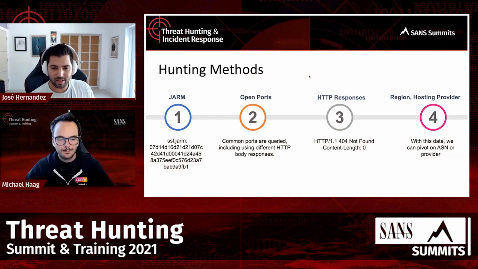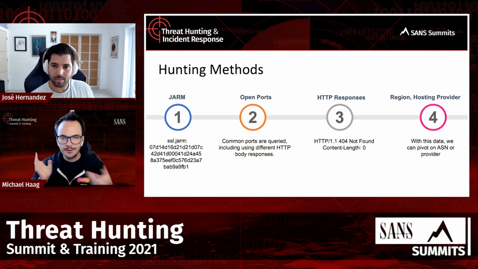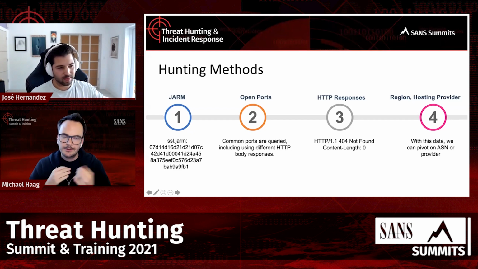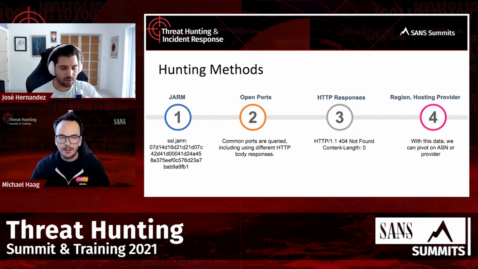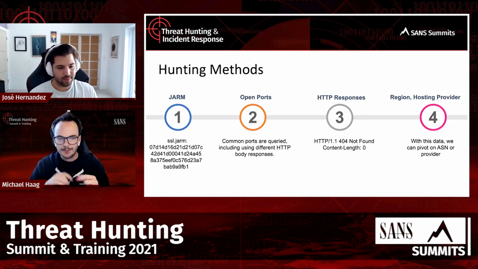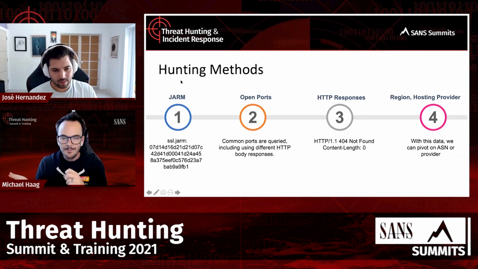So we more or less broke it into four methods for finding team servers on the internet. Using the services route, almost all of them provide the SSL JARMs, and there's been a lot of public data released on different JARMs that have been related to Cobalt Strike team servers. This goes back probably a few years now, with RiskIQ releasing one of the first blogs on finding team servers with their product.